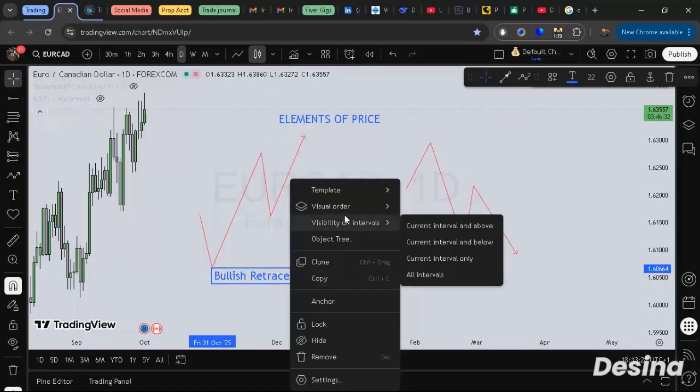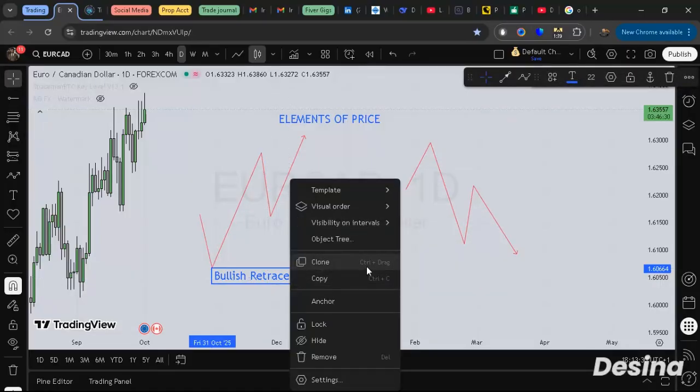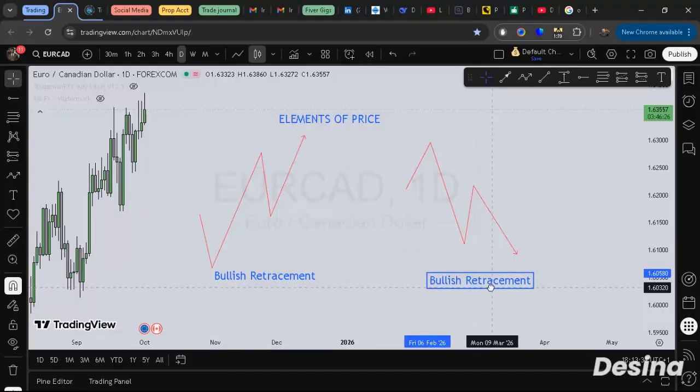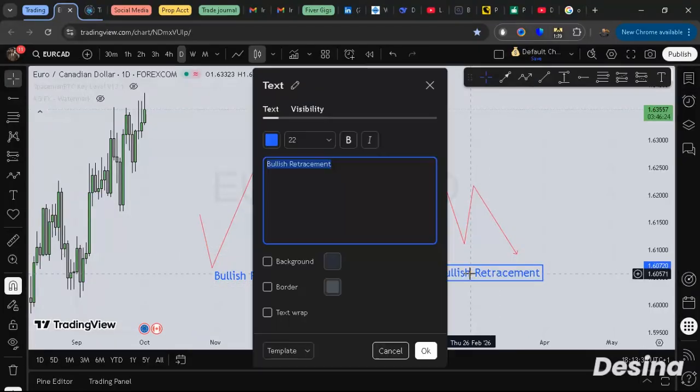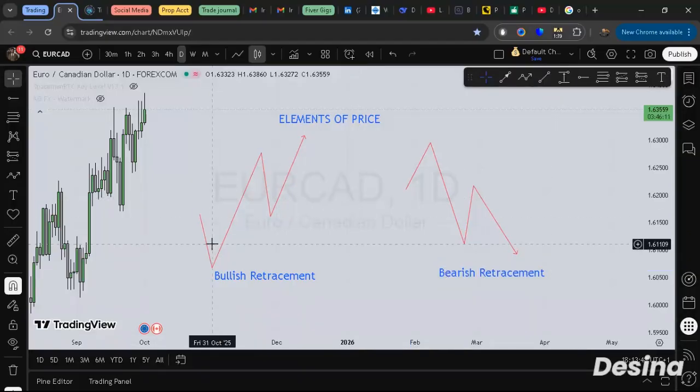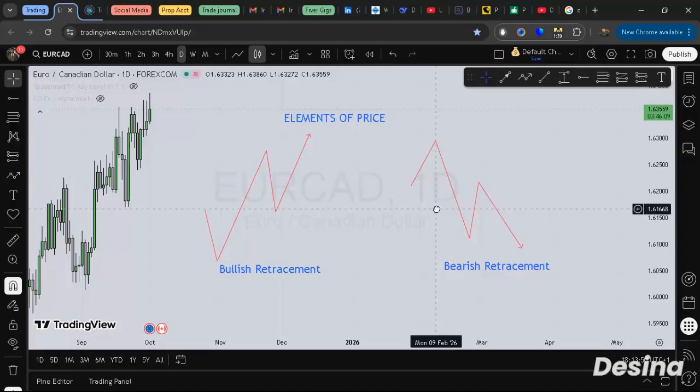There's no room for leaving gaps, everything has to be filled and balanced. So this is a bearish retracement. I'm trying to rename it so that you can identify it. So this is a bearish retracement, this is a bullish, this is a bearish.